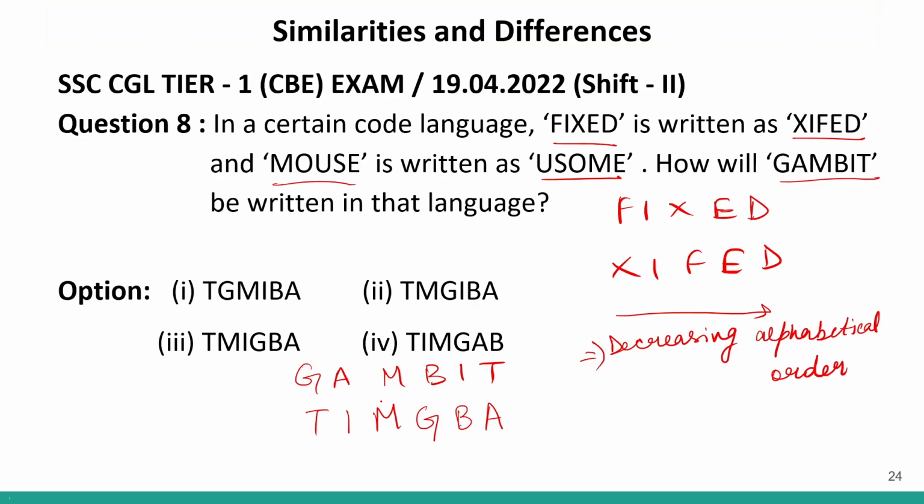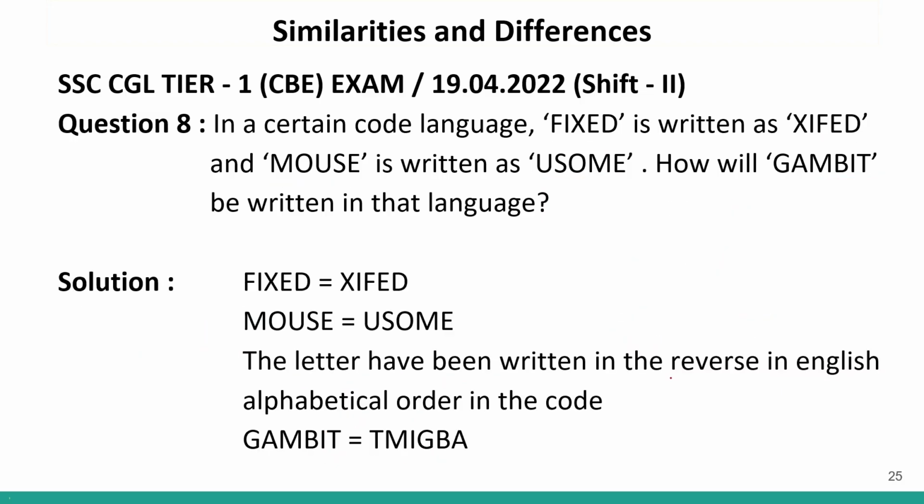TIM, sorry, TMIGBA. So my answer will be option number 3, TMIGBA. Correct? If you remember the ranks, this is 1, 2, this is 7, this is 9, M is ranked at 13, and T is ranked at 20. So 1, 2, 7, 9, 13, 20, this will be the decreasing alphabetical order. Hence our answer will be option number 3, TMIGBA. Okay?